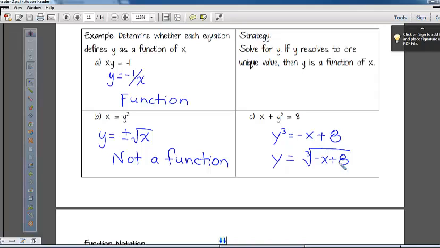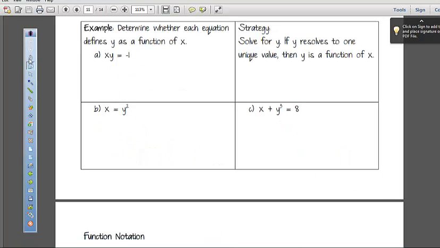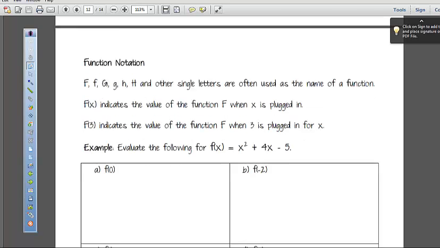Just one. So it's not a function. I'm sorry, it is a function. I just went to lunch. Function: we put in one x, we got out one y. Questions about that?